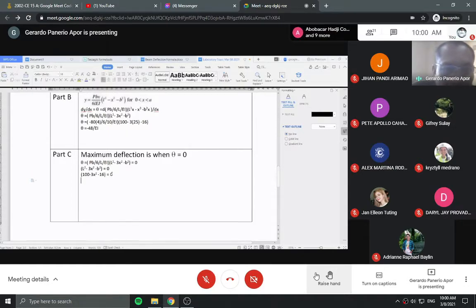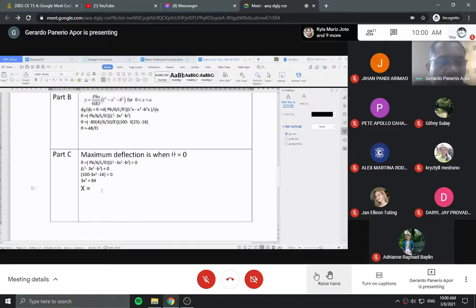Then 3x squared is equal to 100 minus 16, which is 84. So your x is equal to the square root of 84 divided by 3.